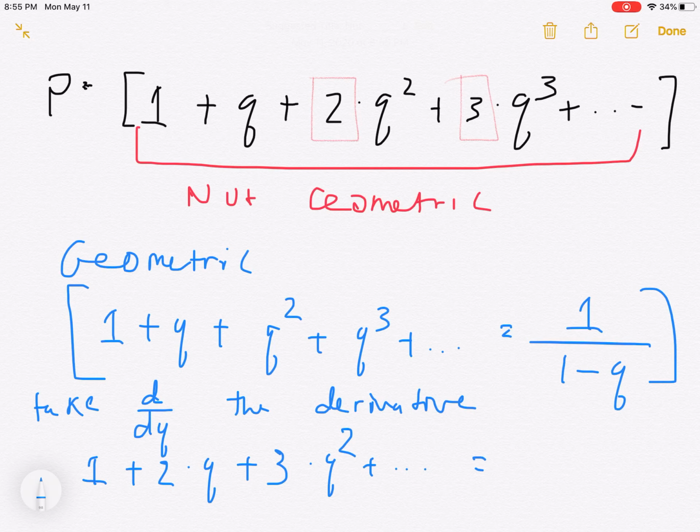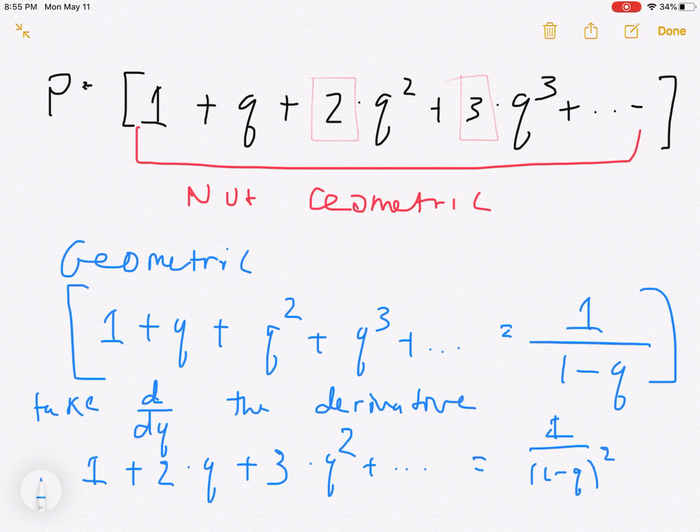I differentiate this right-hand side, and notice I can use the quotient rule, or I can use the chain rule. When I do that, I'm going to get 1 over 1 minus q quantity squared.